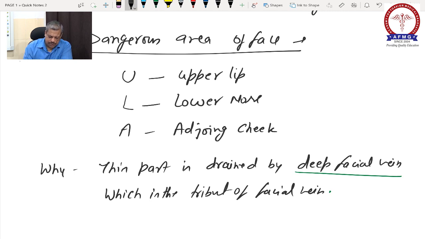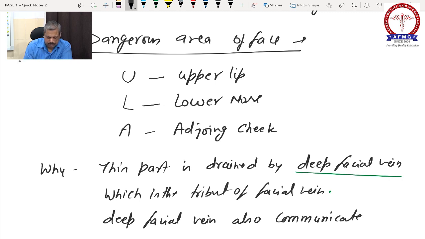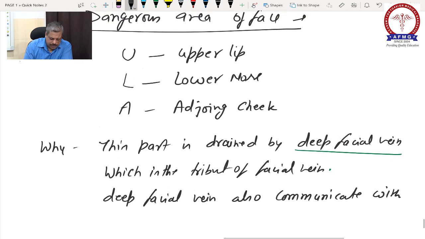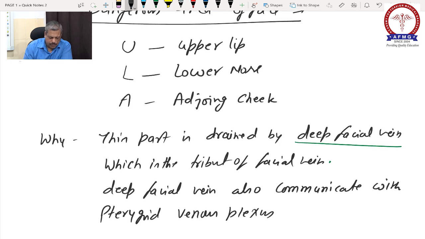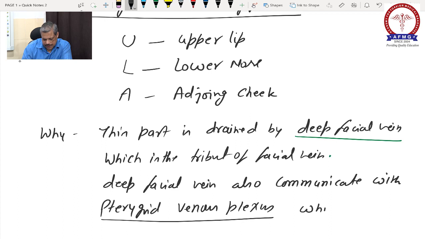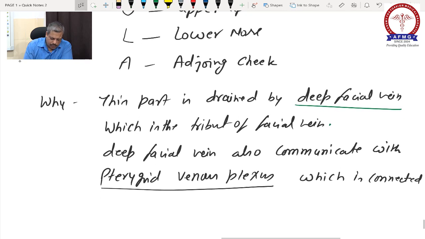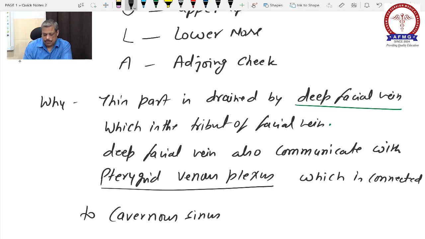Now what happens: this deep facial vein also communicates with the pterygoid venous plexus, which is connected to the cavernous sinus by an emissary vein.